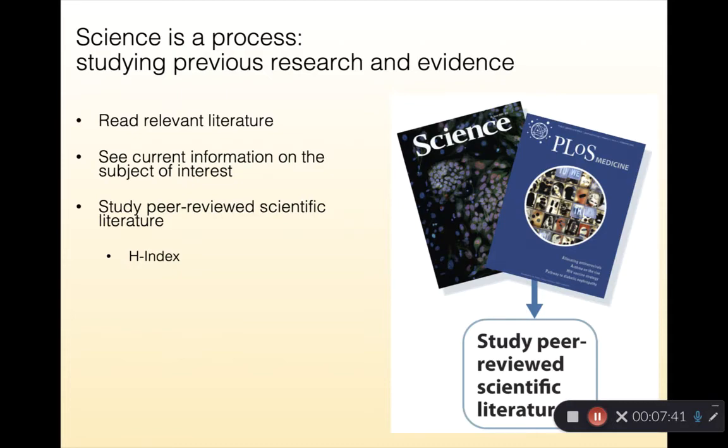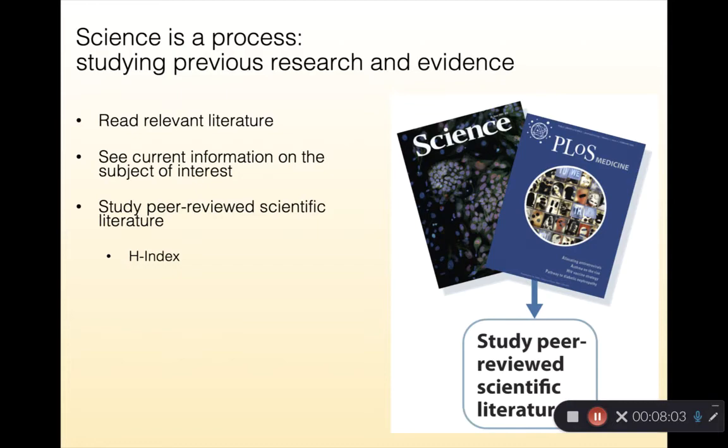Obviously there are some problems with an index like this. People who have really high indexes are more likely to be older, well-established researchers. So a younger scientist might have a perfectly good and valid study, but might not have a very high H-index because they're just getting out there.